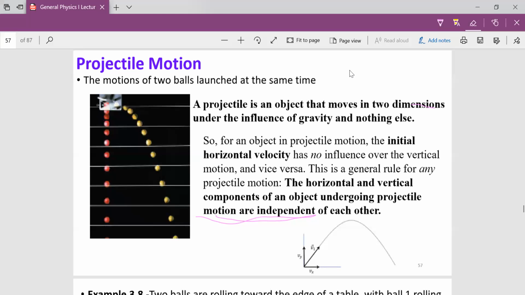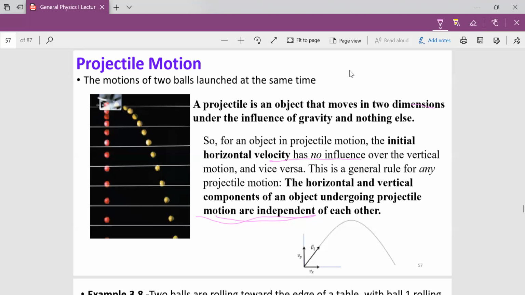So for an object in projectile motion, the initial horizontal velocity has no influence over the vertical motion and vice versa. And that is why we say it is a 2-dimensional motion, because we're able to describe its motion in the horizontal dimension, and we are able also to describe it in the vertical dimension.